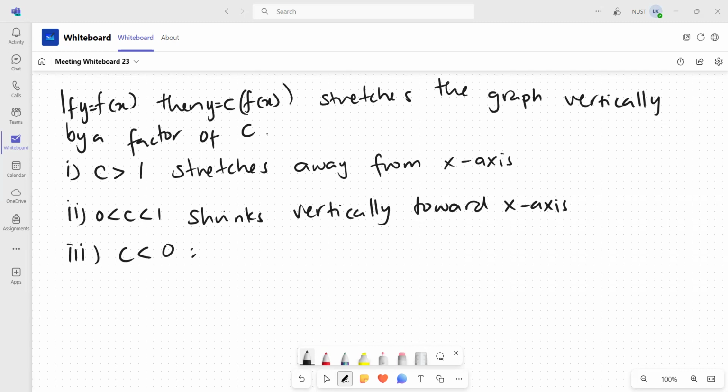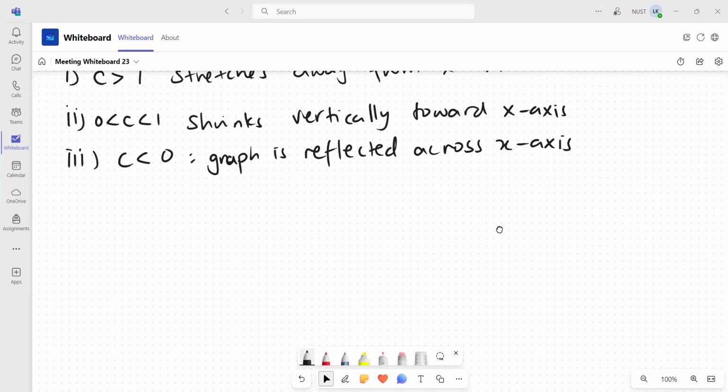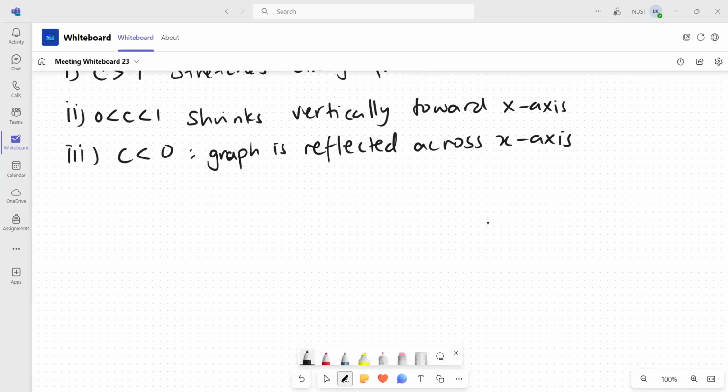There is a stretching happening or maybe a shrinking happening, but then another thing that is happening is that the graph is reflected across the x-axis.